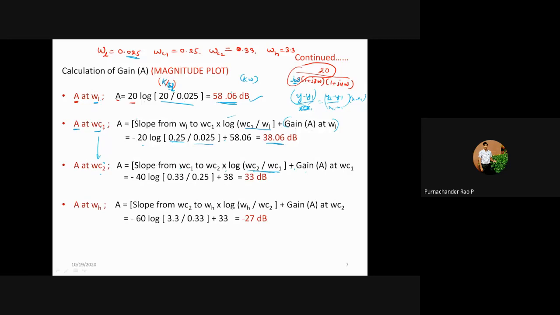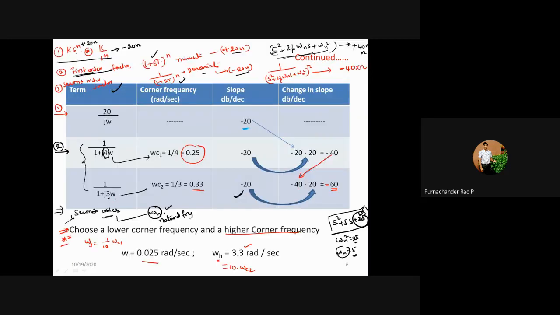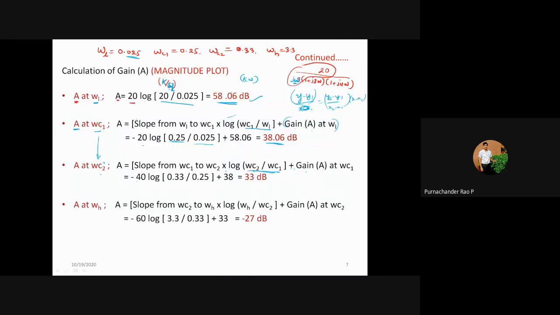So just substitute these values. The change in slope from C1 to C2, where it comes from, this, is minus 40. So the change in slope is minus 40 log of 0.33 divided by 0.25 plus 38, this one. Okay, so you get the value of 33 decibels. Then omega H, that is the highest frequency.